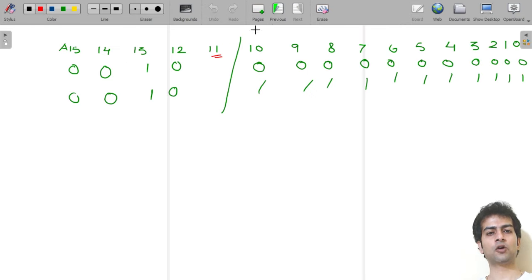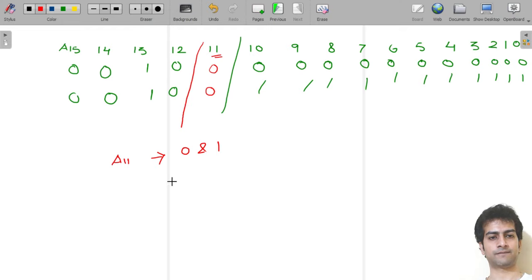If we are not given any information of A11, then A11 can take two values, either 0 or 1. We don't know which value it can take, so we take both. First we will start with 0. Let it be 0.